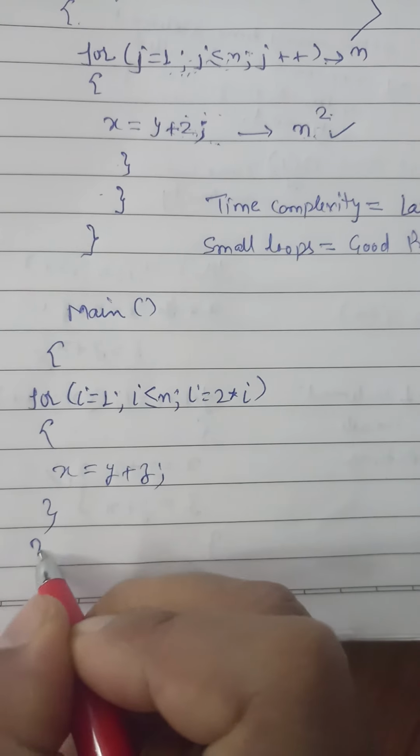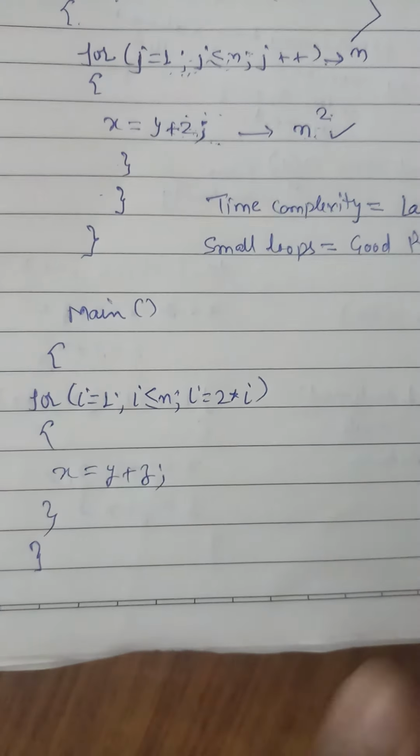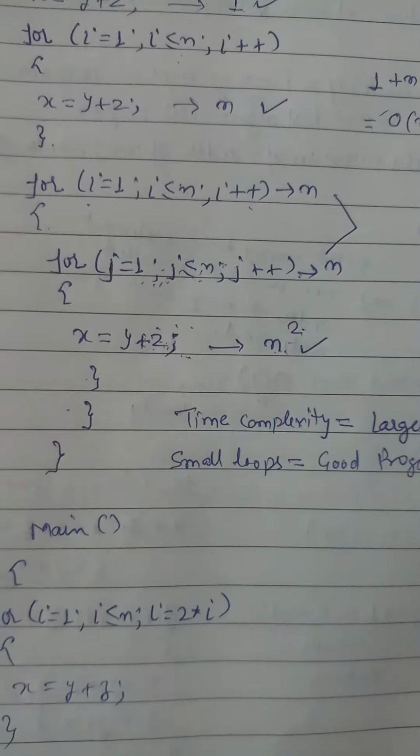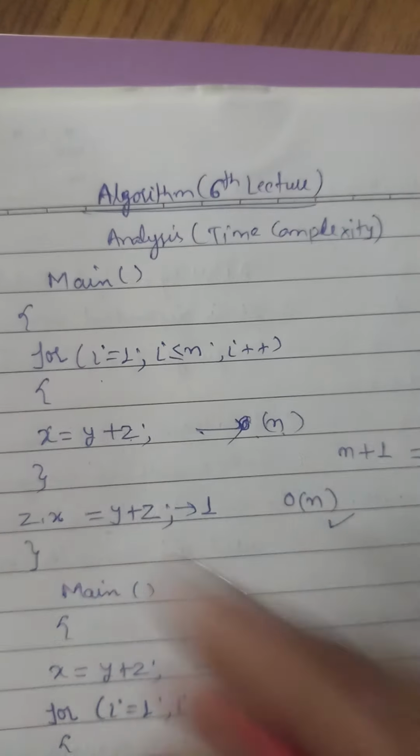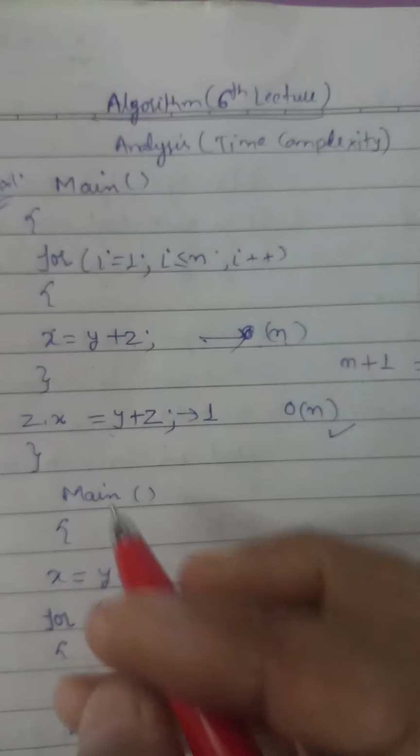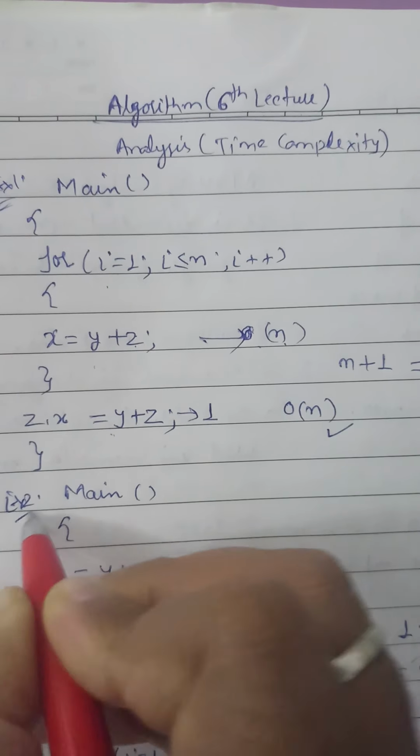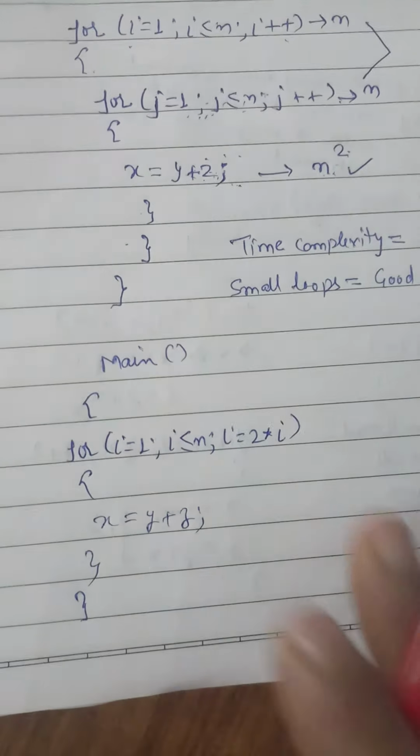For loop closed, main program closed. This is the program only. So this is example 1, this is example 2, and this is example 3.